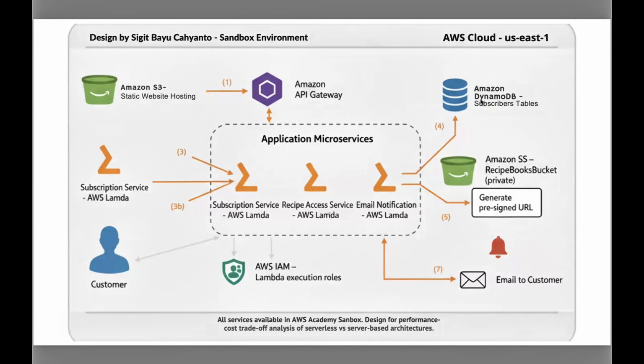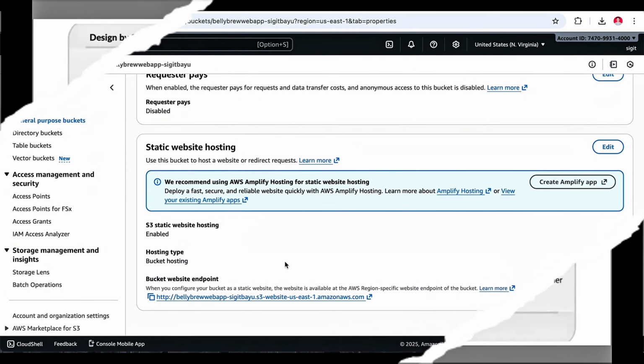DynamoDB is for NoSQL subscriber data storage, and SES is for sending the ebook via transactional email. I'm also using IAM roles to enforce least privilege access. Because all components are fully managed, there is no server, no patching, and no capacity planning. The system runs only when requests occur, supporting both cost efficiency and operational simplicity.